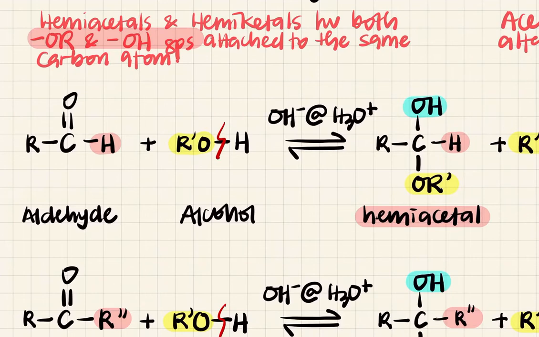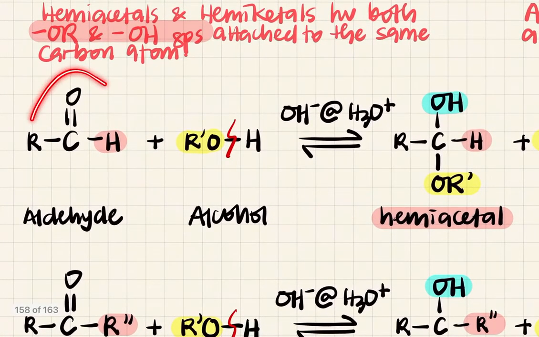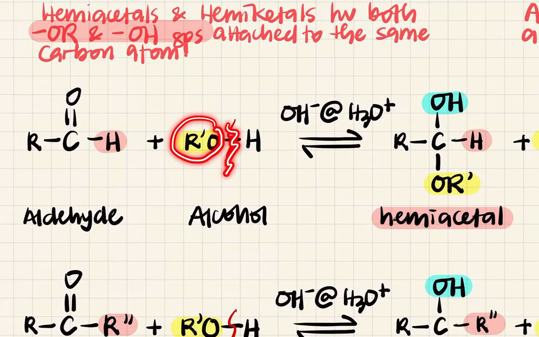So how do we form hemiacetal? Daripada aldehyde, you react with alcohol, in acidic or basic condition. Untuk formation of hemiacetal, you will get your hemiacetal. Macam mana you cleave at the OH bond of alcohol, and this OR group will attach to your carbon.